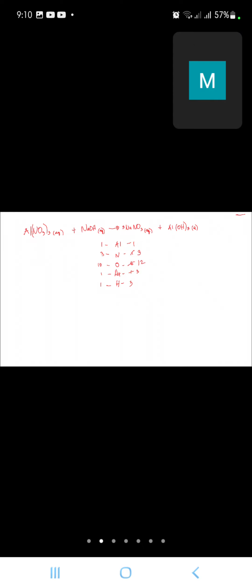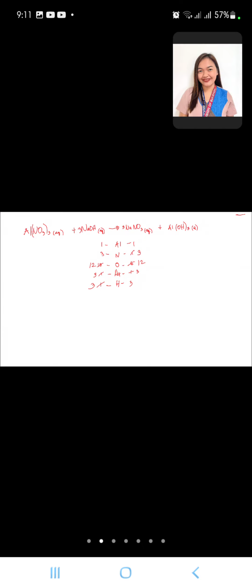Right? Yes. So the oxygen on the reactant side changed, along with sodium and hydrogen. Sodium becomes 3, oxygen is 3 plus 9 equals 12, hydrogen is 3. Okay. So is it balanced now?